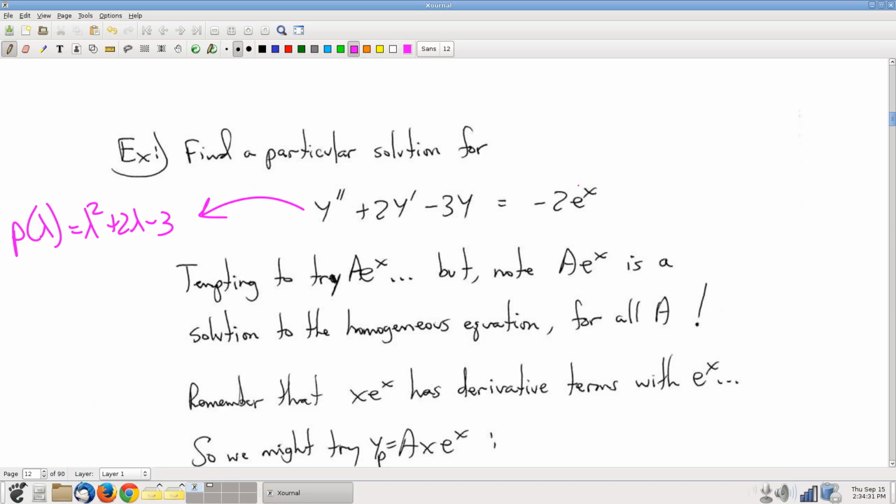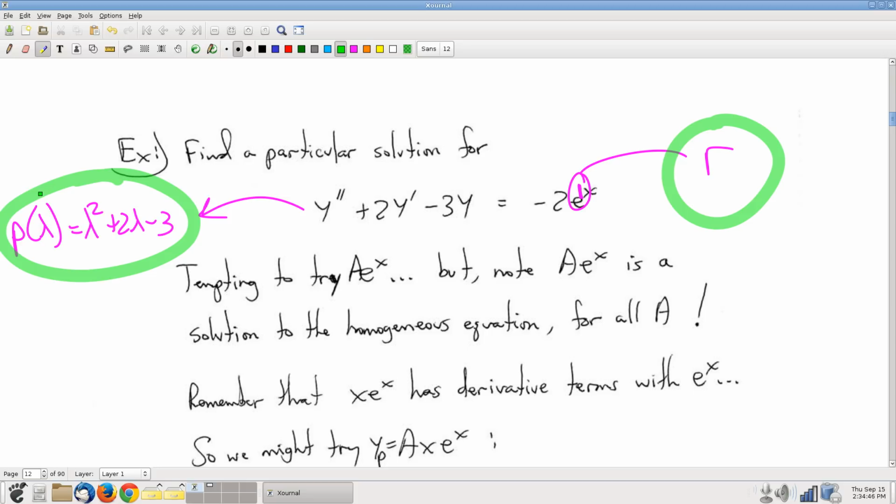Here, this number is 1. That's our r. Right? And said differently, what we need to watch out for is if r is a root of the characteristic polynomial, then we've got a problem. Something's going to go wrong.